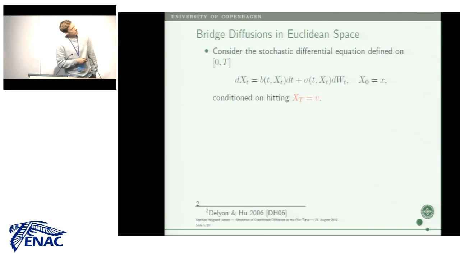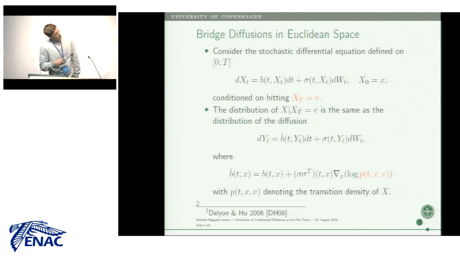Right. So first, let me briefly review the Euclidean case. We have this diffusion process X, and we're conditioning it on hitting a point in Euclidean space at time capital T. The distribution of this conditional process of X is the same as that of another diffusion, Y, which has the same diffusion term, but the drift term has an added term in terms of the gradient of the logarithmic heat kernel.